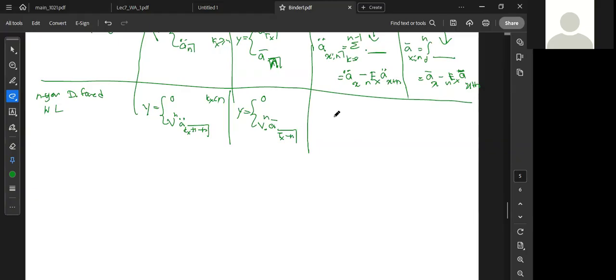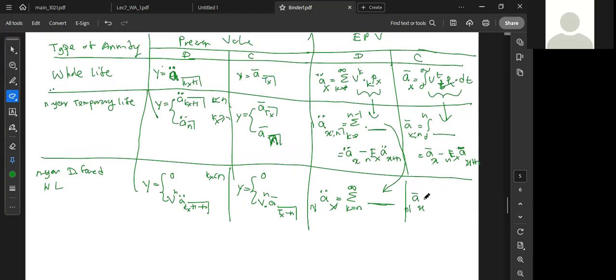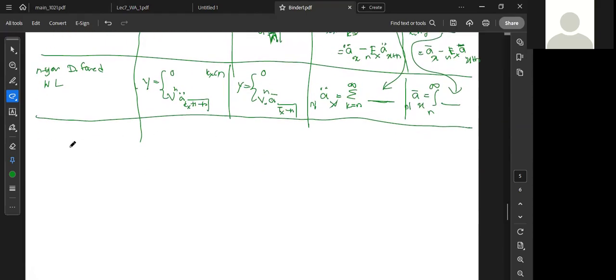So the discrete present value for the deferred life is x deferred for n years, and the summation starts from n and goes to infinity. And we have the same thing like in here. And for the continuous case, the notation changes from two dots to bar, and the integral goes from n to infinity, but the other parts are the same. The limits change, but the rest is the same.